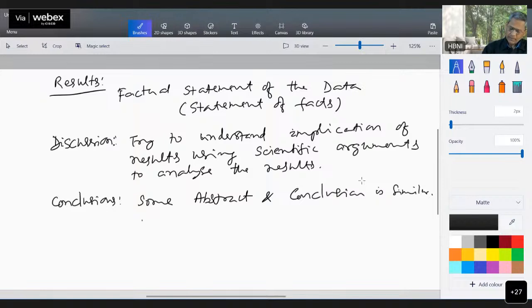You can discuss the future perspective in the conclusion. And the last is acknowledgement.